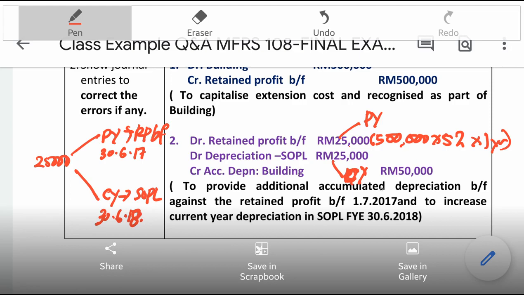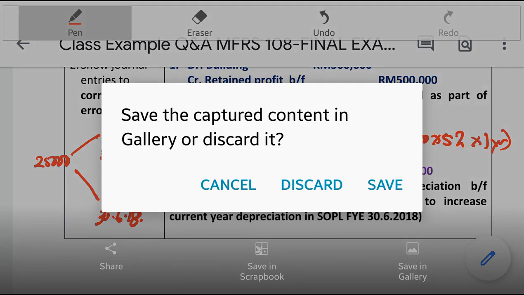So you provide additional accumulated depreciation in the prior period, and it continues in the current year, and you increase your depreciation. So that one is the correction.